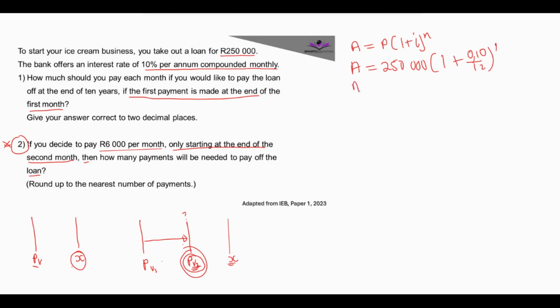And then we get that our PV2 is equal to 252,083 rand, 3333. Don't round off. So it means the loan amount now is no longer 250,000. It's now 252,083 rand and 33 cents.